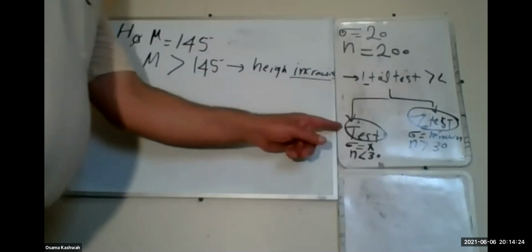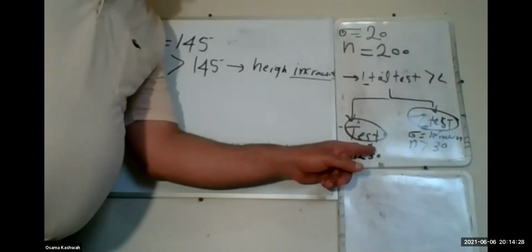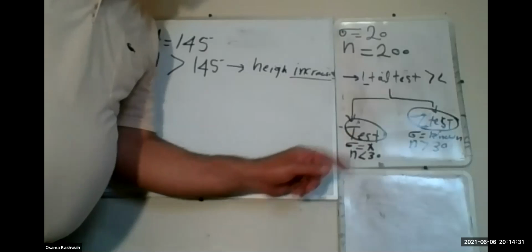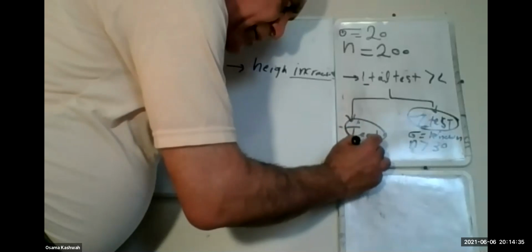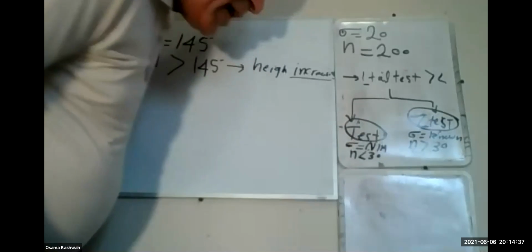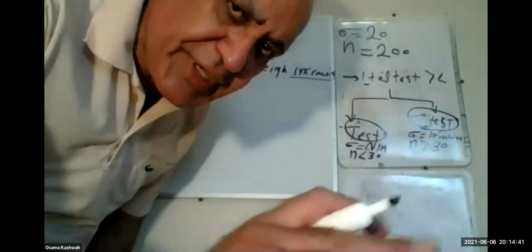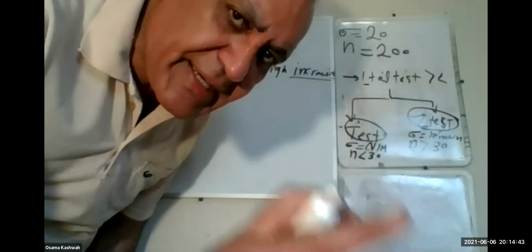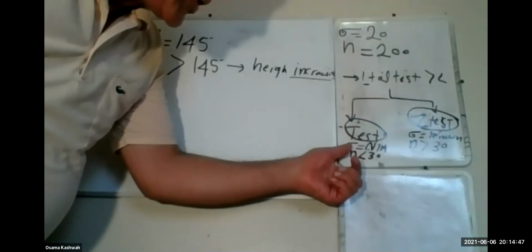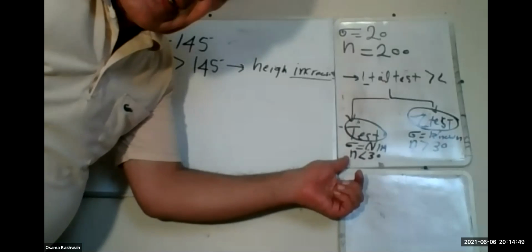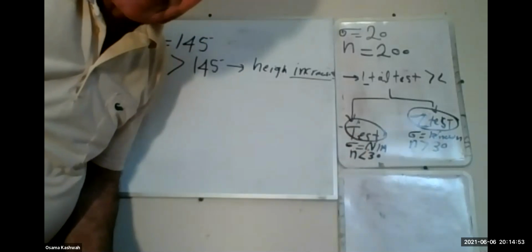I will use the t-test if sigma of the population is not available, because I will have the sigma of the sample. I care about the sigma of the population. As long as sigma of the population is not there and n is less than 30, we use the t-test.